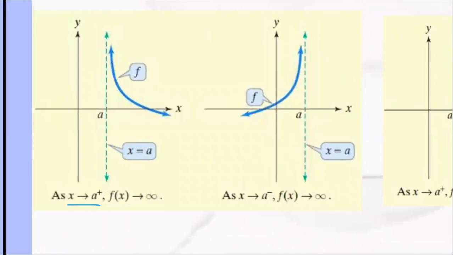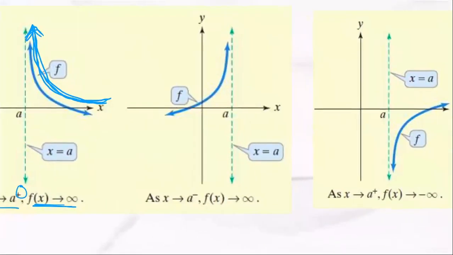So what I would do is I would picture myself coming from the right and looking, where is x going? In this case, as x approaches a, I would say that my y's, or my vertical change, is going up to infinity as it approaches that line from the right side. Again, I'm going from the right to the left because that was the direction it told me to.